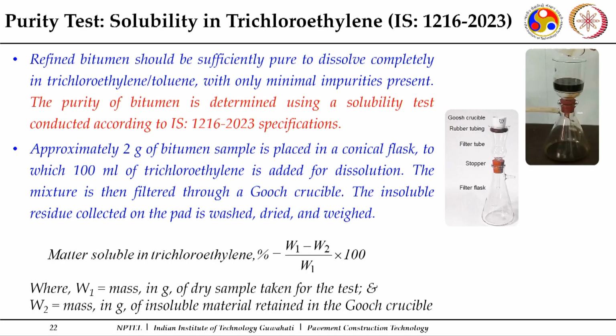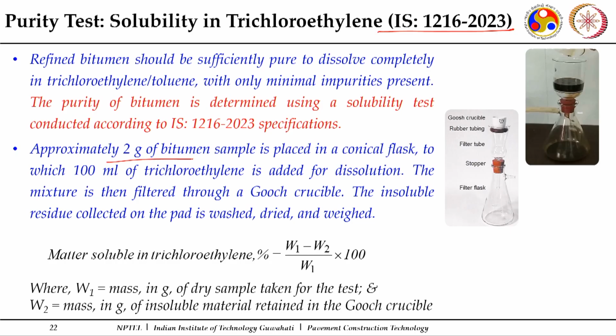But if because of any reason during the transportation or during the production there are certain impurities introduced in it, we can ensure that by dissolving these binders in these standard solvents, and there is a standard process as per IS 1216.